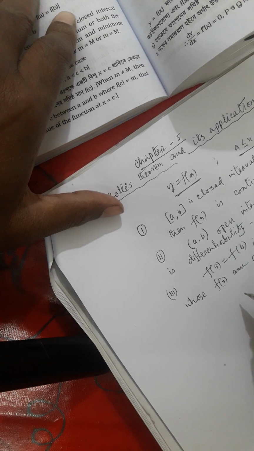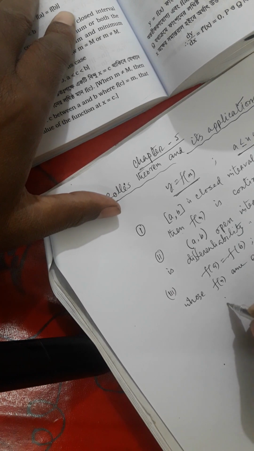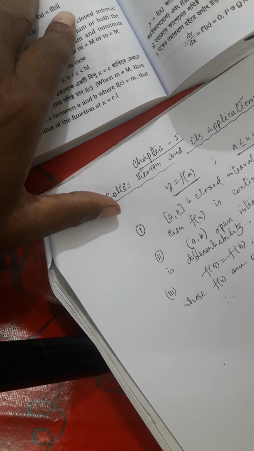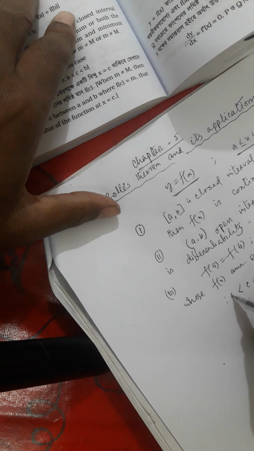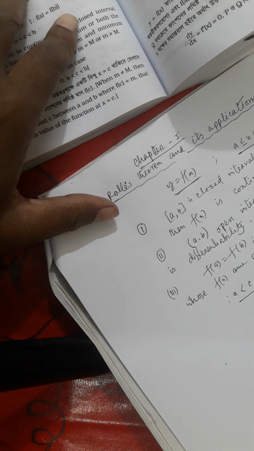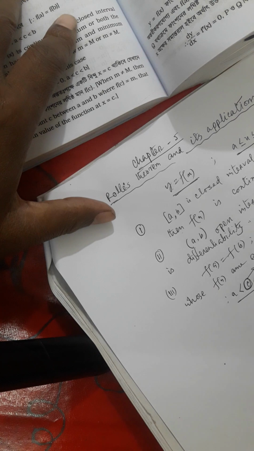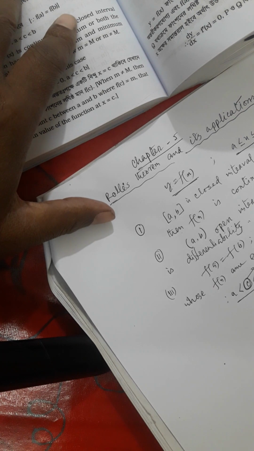When f prime c is 0, you have to deeply mind f prime c, whose c is the value of a to b. At least c is the value in the interval a to b. Then f prime c is equal to 0.